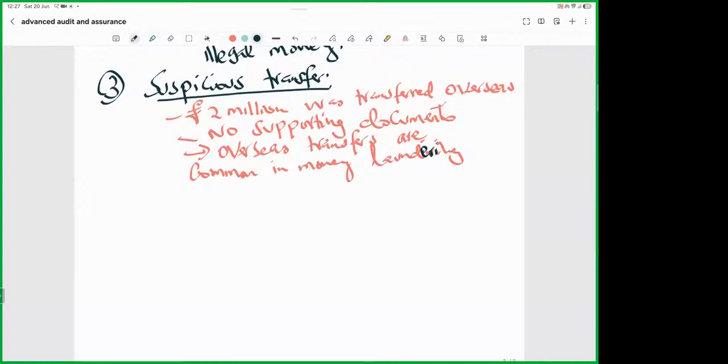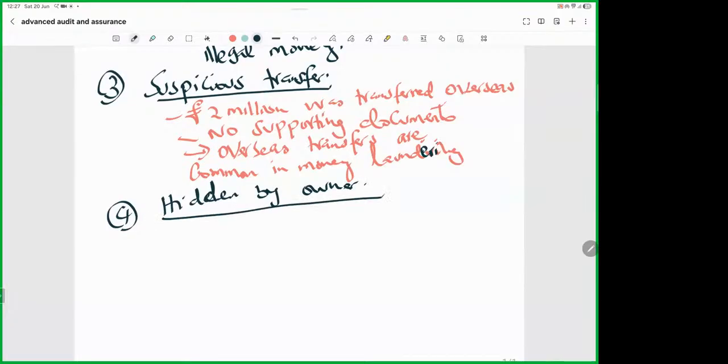All right. The other thing that makes me, ladies and gentlemen, think that this is really a money laundering activity is a lot is being hidden by the owner. First of all, Jack controls all cash.